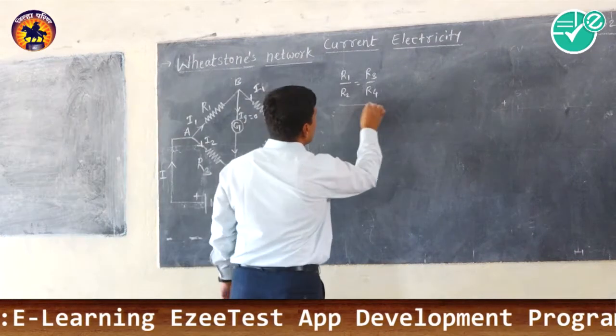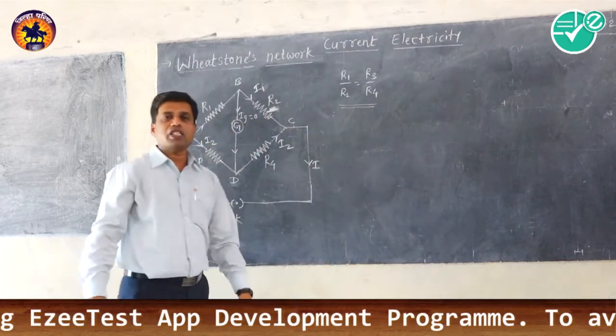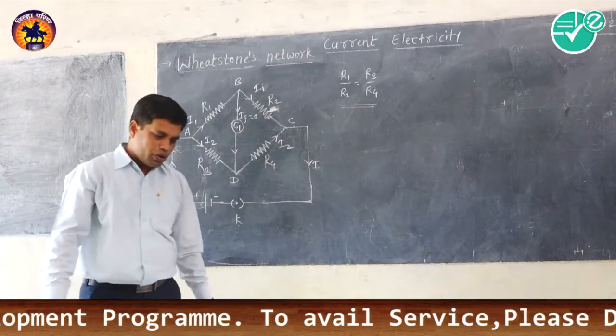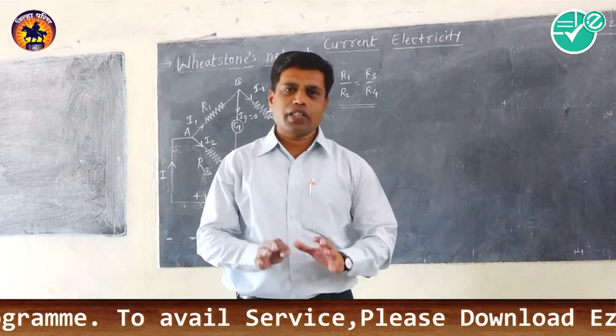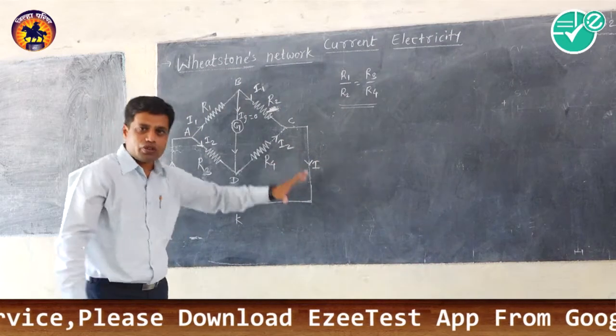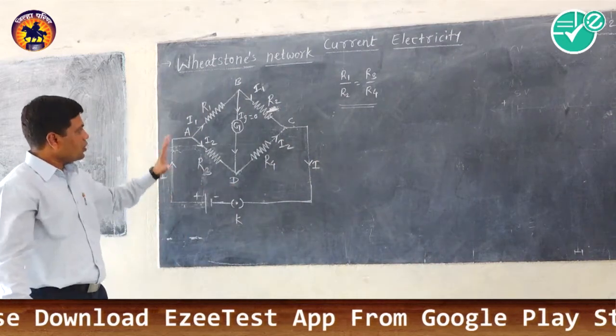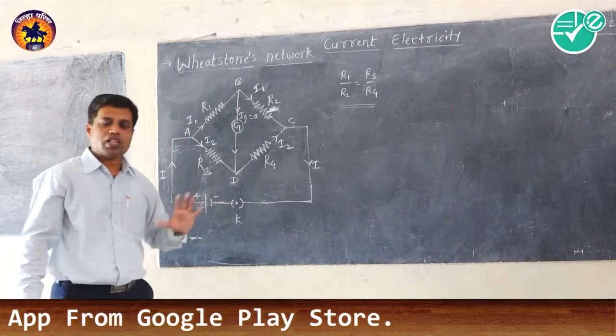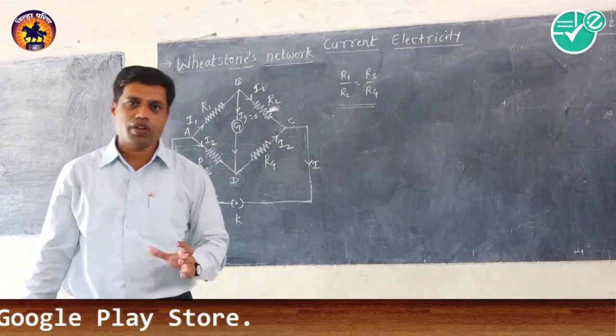This condition is satisfied by the Wheatstone's bridge in the balancing condition. While studying this balancing condition and its proof, I will once again repeat the construction. This is the Wheatstone's bridge developed by physicist Charles Wheatstone in 1843.